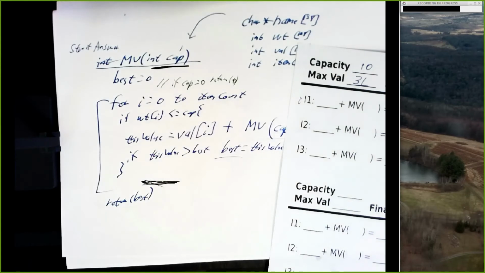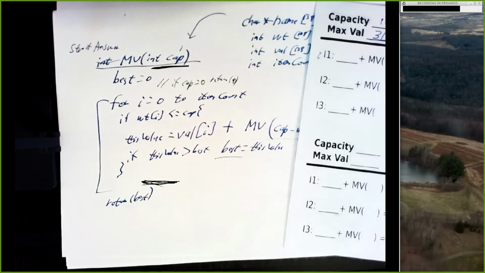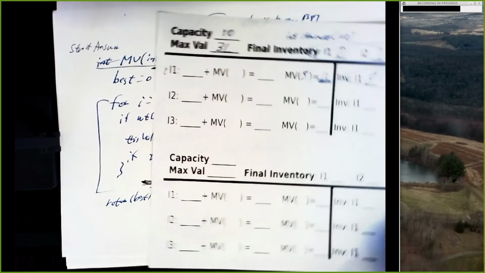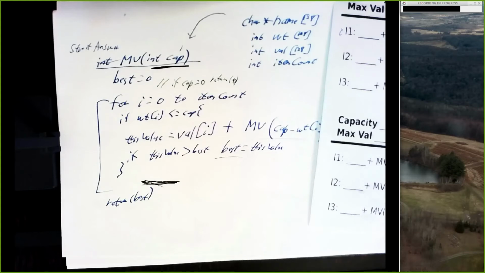So I got a quick question regarding inventory. When it's running through the MaxVal function the first time, it's checking item 1 basically, right? So item 0. Right. So that's going to always be the best value at that point.